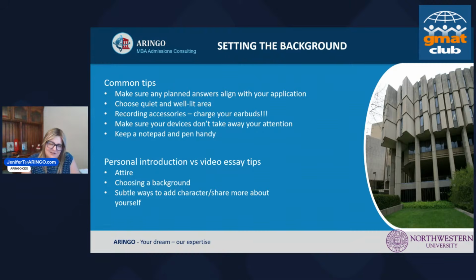I would make sure it is a place where you're the only person, because even if you blur your background or change your background settings, sometimes you can see those people behind you, and you don't want anything distracting in these videos. You want them to focus on you, not on some weird blur in the background, or something flickering when you move your head.